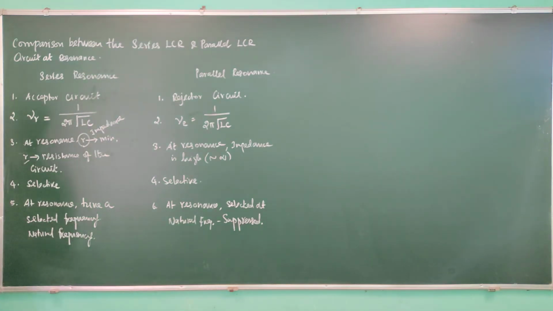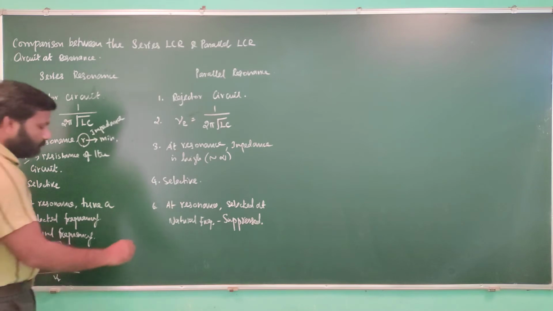Let me recall the resonance curve. This is the natural frequency, this is current. At the natural frequency the current is maximum. That's why it is said to be a selector circuit.